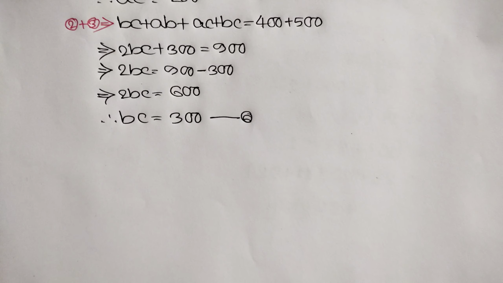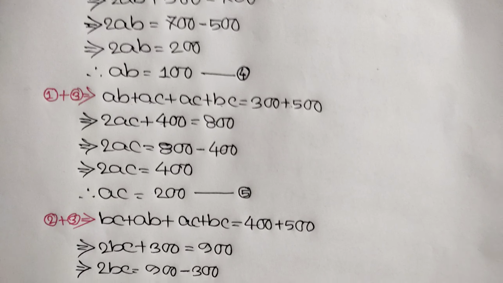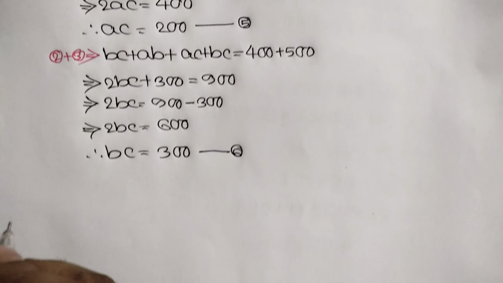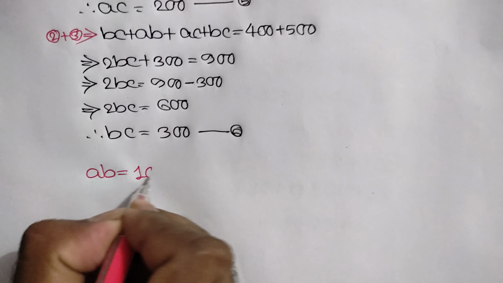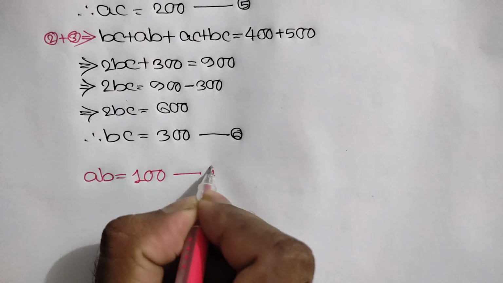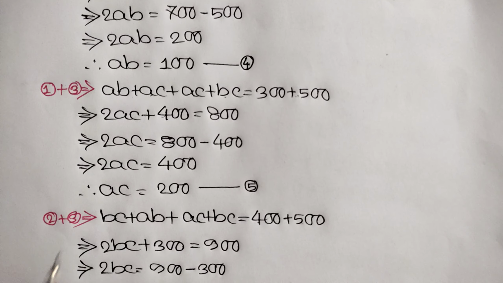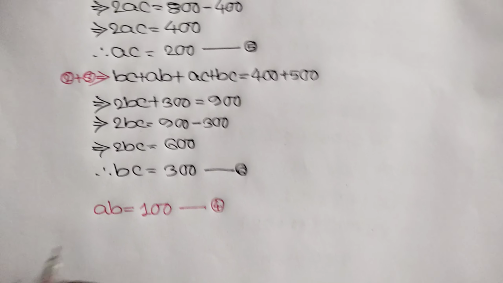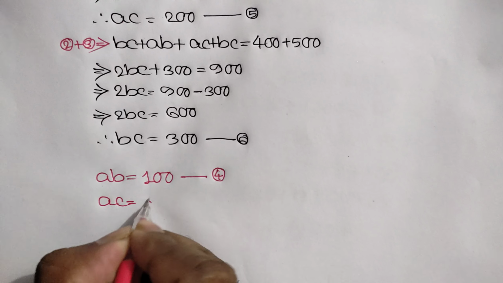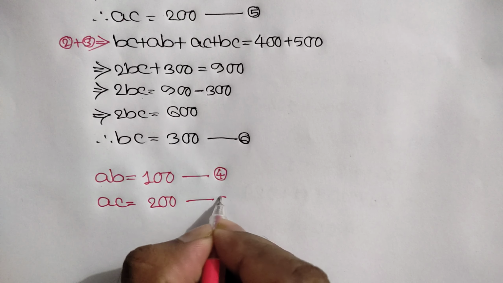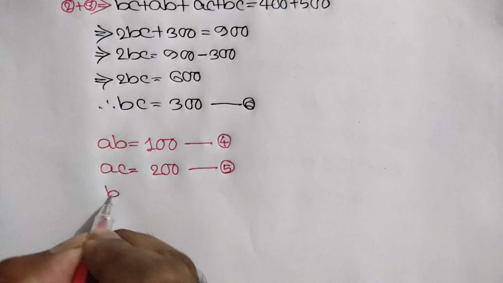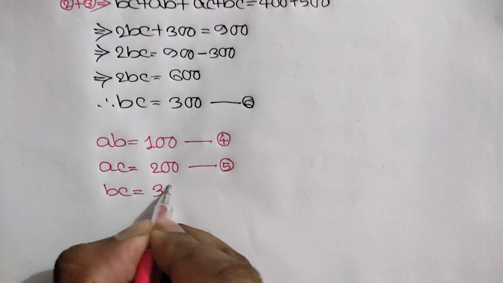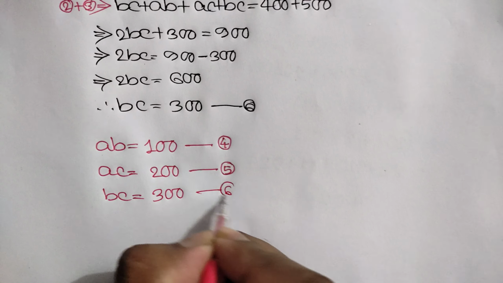So we found AB is equal to 100, AC is equal to 200, and BC is equal to 300. AB is equal to 100, it's equation 4. AC is equal to 200, it's equation 5. And BC is equal to 300, it's called equation 6.